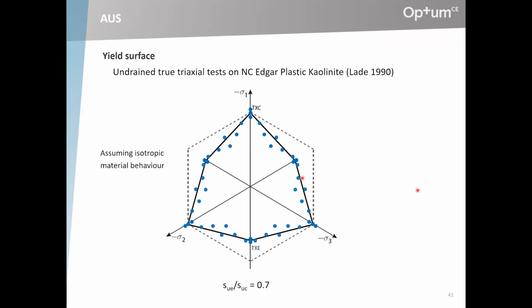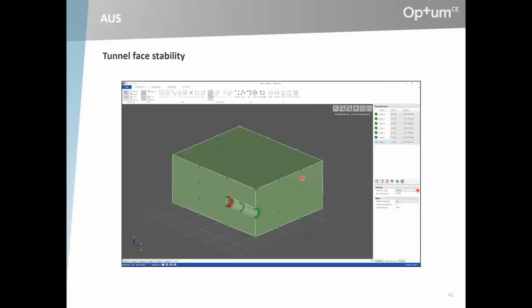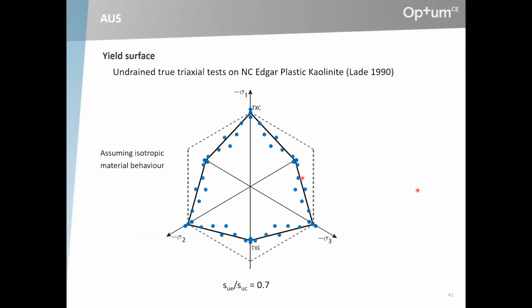For a perfectly ideal isotropic material, we should expect, and we do find experimentally, a difference between the undrained shear strengths in extension and compression. That is the first really important point before we start talking anisotropy: for an ideal isotropic material, there is a difference between these two strengths.